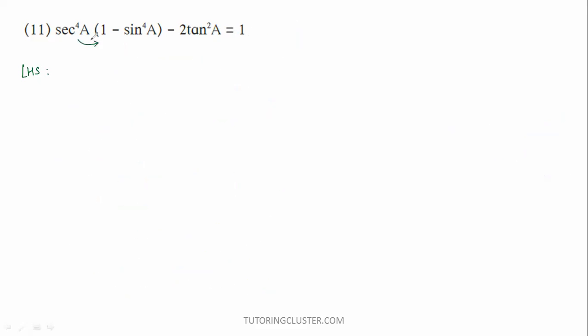So let us multiply this sec to the power 4a to this bracket. So it will be sec to the power 4a minus sec to the power 4a into sine to the power 4a, minus 2 tan square a, which is equal to, now, sec to the power 4a minus.